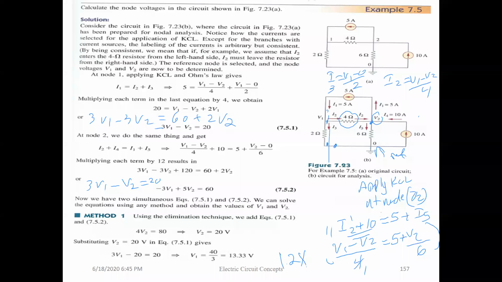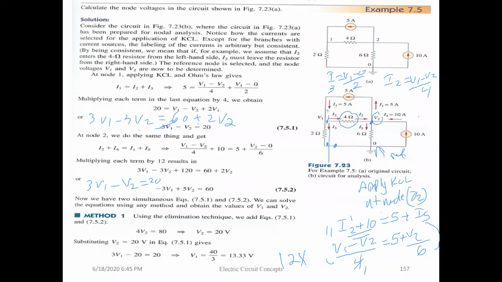Then you collect the V2 terms. So we have 3V1 minus 3V2 equal to 60 plus 2V2.